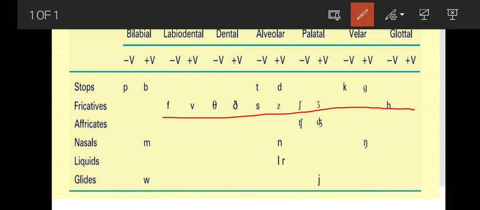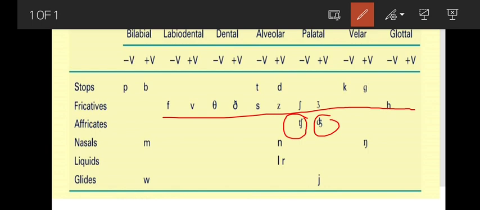So let's talk about affricates. Affricates are those sounds that are a mixture of stops and fricatives. There are two such sounds: ch, like in cheat, and j, like in jeep.